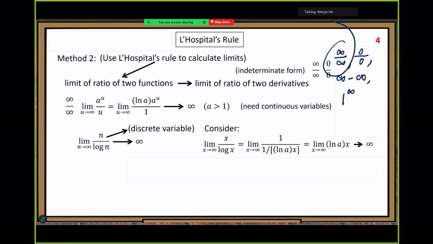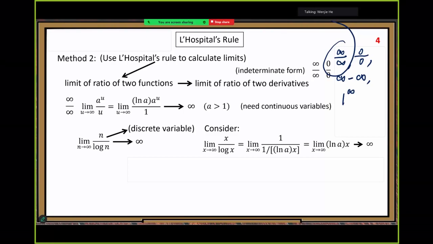But the question is, how can you do it? Why can you do it? We need to answer that question. First, the answer is yes, you can do it. It's legal. No problem. But I want to explain why it is legal.